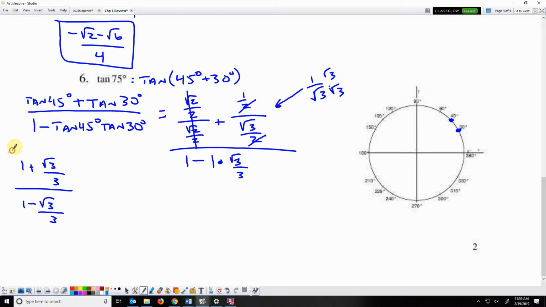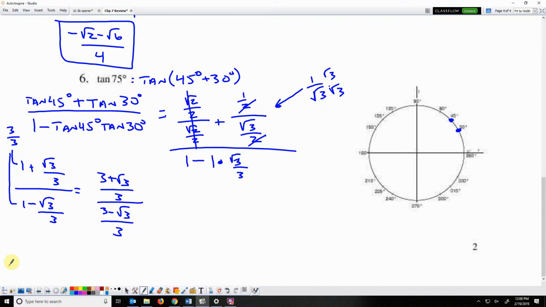Okay, so this 1 and this 1 need a common denominator, which is going to be 3, which means that each of these is going to be 3 over 3. So I've got 3/3 plus root 3 over 3, which would simplify to 3 plus root 3 over 3. And 3/3 minus root 3 over 3 is 3 minus root 3 over 3.